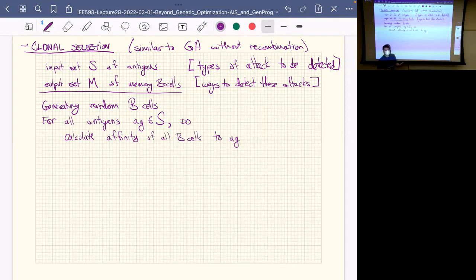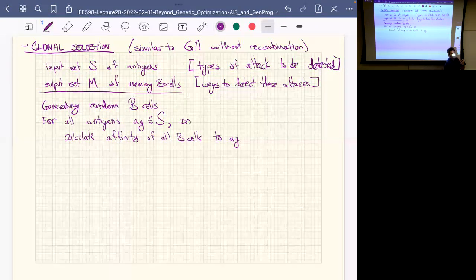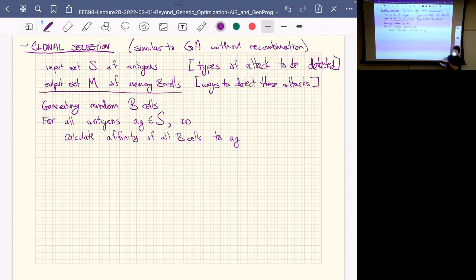And so what do I mean by calculate affinity? If I have a particular type of attack, then I'm going to see, for example, how likely was the particular B cell able to detect this particular attack? So did it detect the attack or not?